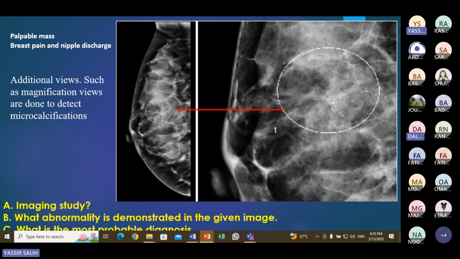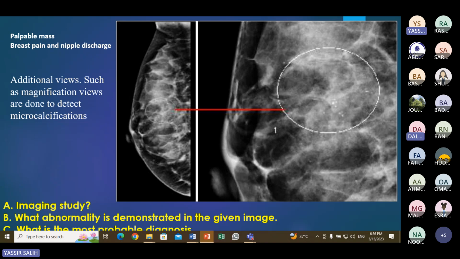What is the most probable diagnosis? We said microcalcification is associated with raising the possibility of what? Breast cancer. Yes, cancer, breast cancer, carcinoma of the breast. When we have microcalcification, this raises the possibility of carcinoma of the breast.